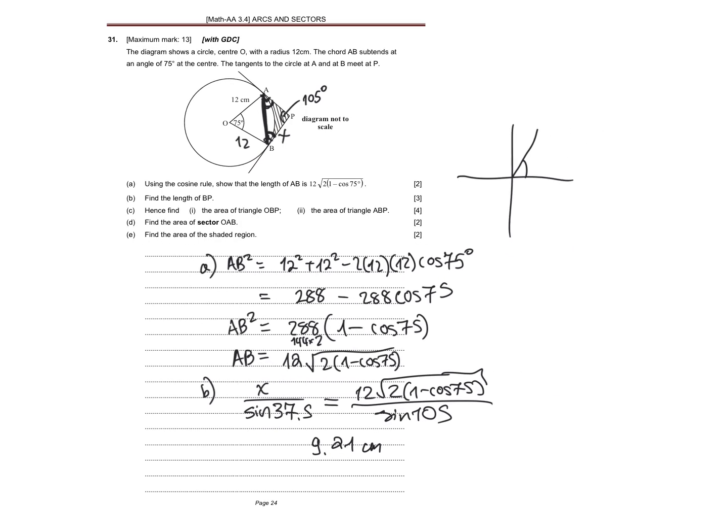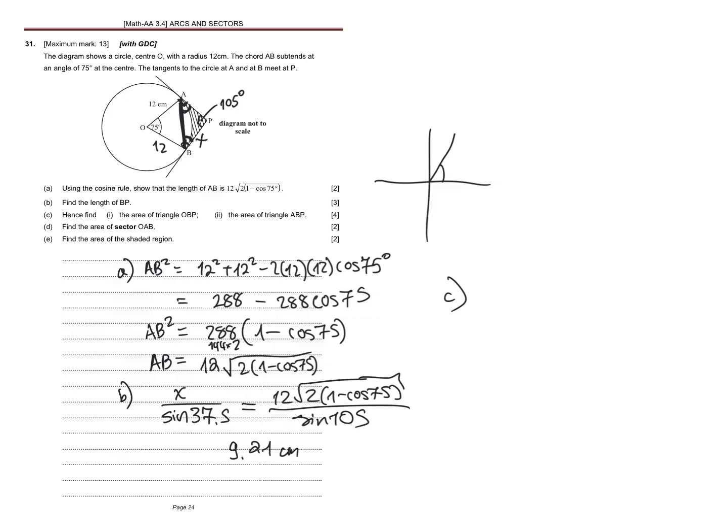Okay, so hence, find the area of triangle OBP. So we just have to find the area of these two triangles, this one plus this one, and then divide it by 2.